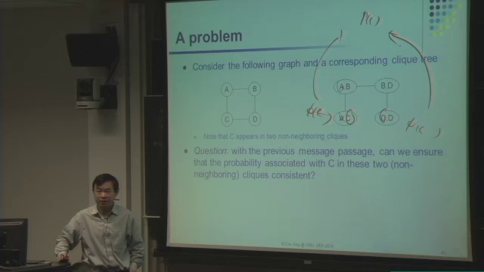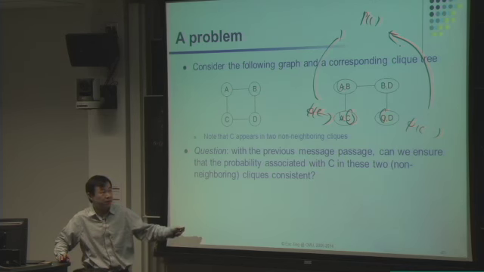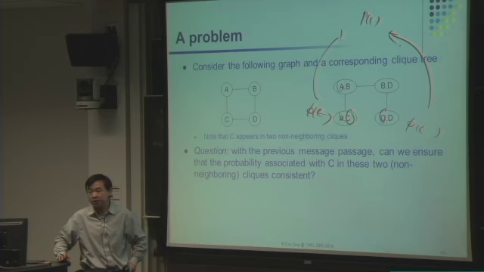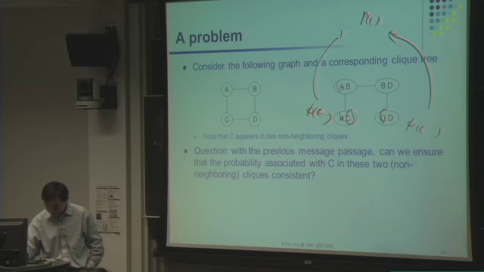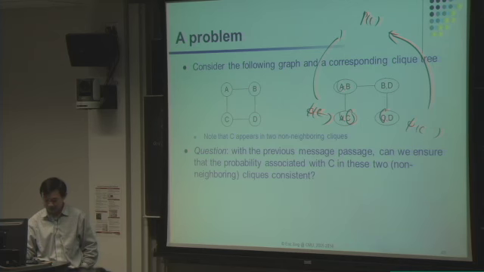How can we avoid such a lack of local consistency for seemingly disjoint potential functions? Any ideas? So let me propose one. How about we define the potential a little bit differently.